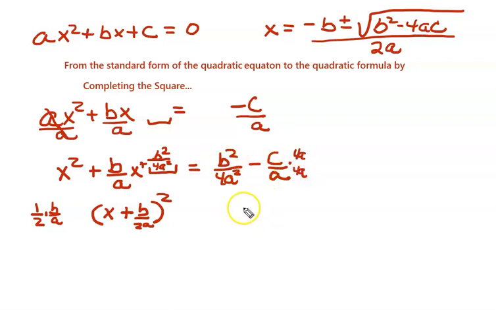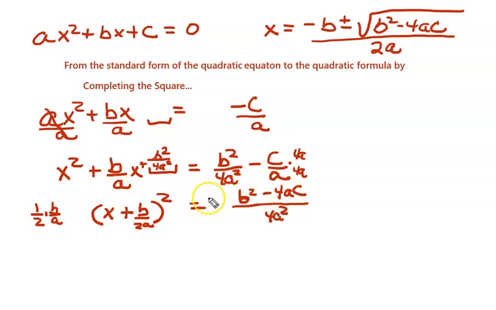This now will become, and I can put it all over a common denominator, b squared over 4a squared minus, I'll put it in order, 4ac. I don't know if you can see it, but this is the discriminant that's formed.